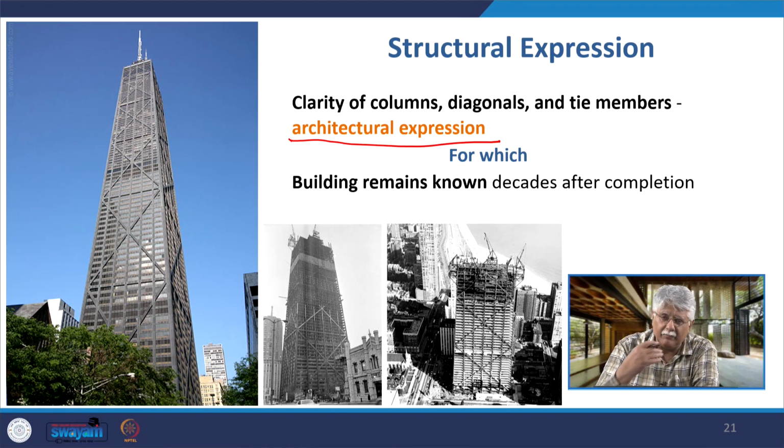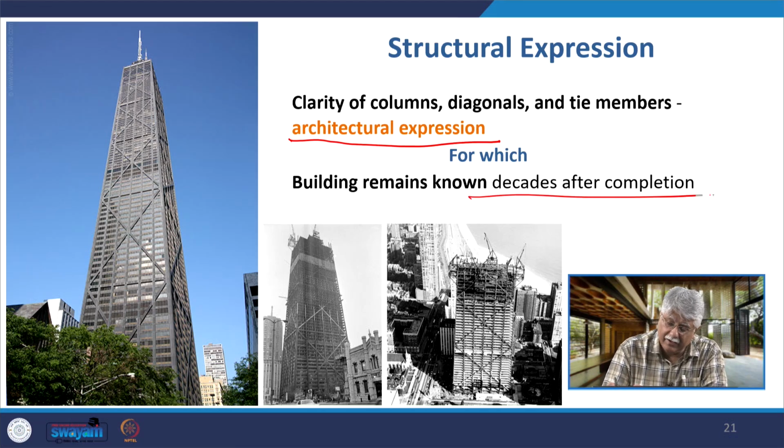And this is something that we will talk about more in the coming lectures, where architects started using the filigree of structural members as the aesthetic of their building, for which this building has remained known for decades after its completion. It's still famous because of this innovative structural feature on its facade.